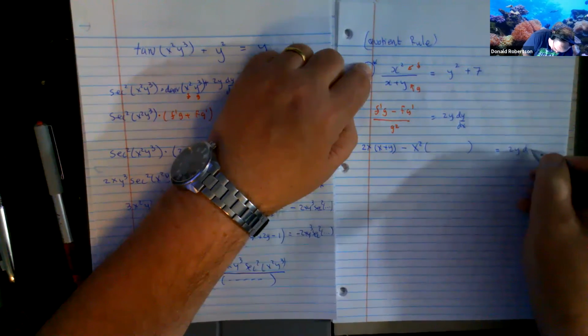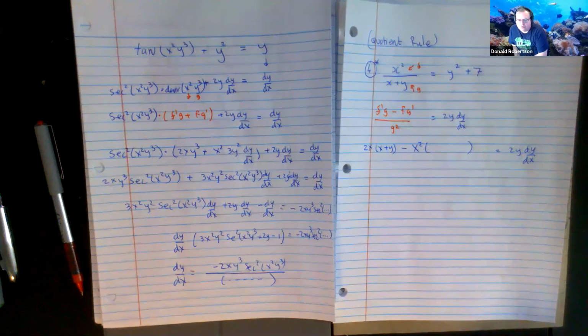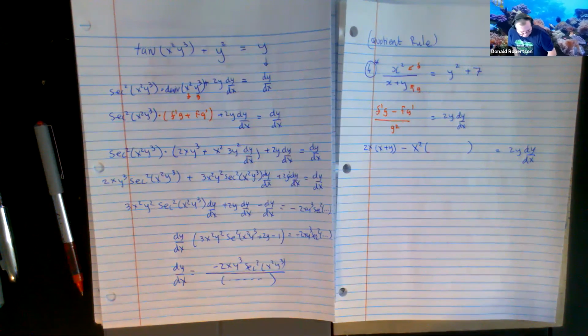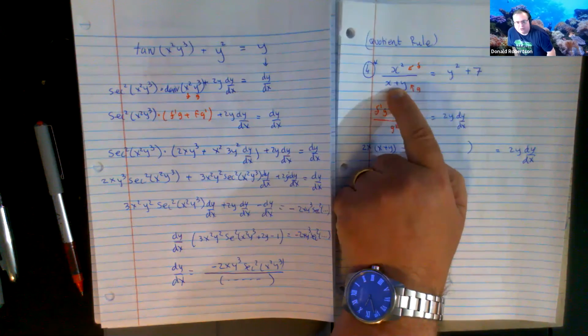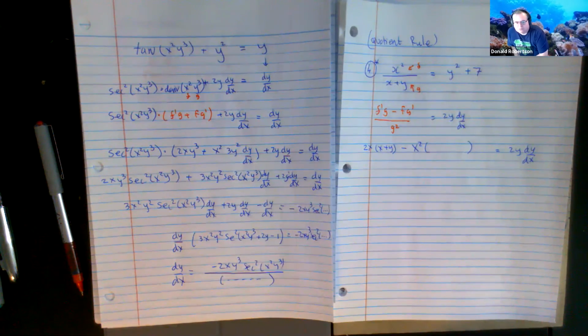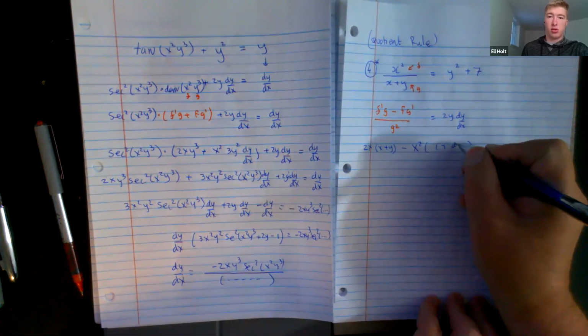What do you get when you differentiate x plus y with respect to x? What's g dashed? What do you get if you differentiate this guy? Any takers? 1 plus dy over dx. Agreed.